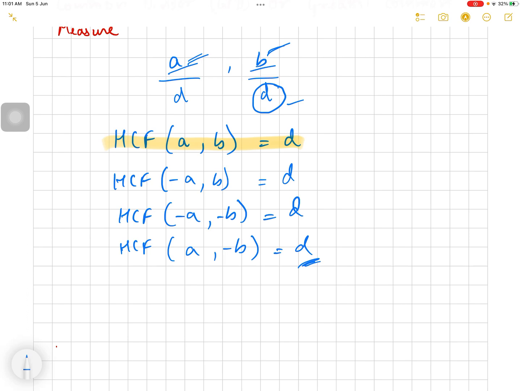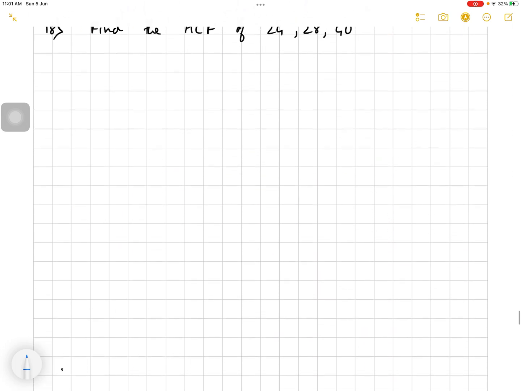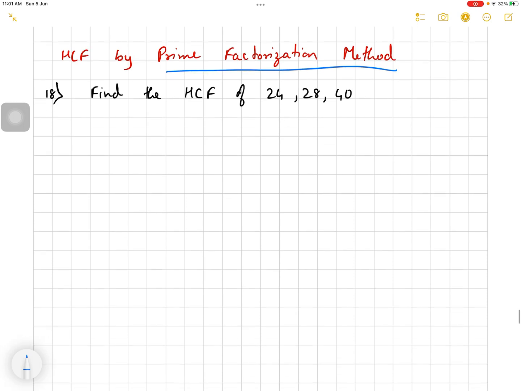Okay, so let us solve a few problems using the prime factorization method. Find the HCF of 24, 28 and 40. Let us solve. What are the prime factors of 24? 2 12s are, 2 6s are, 2 3s are, 3 1s are.